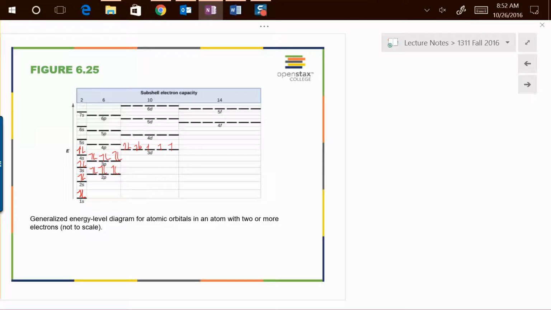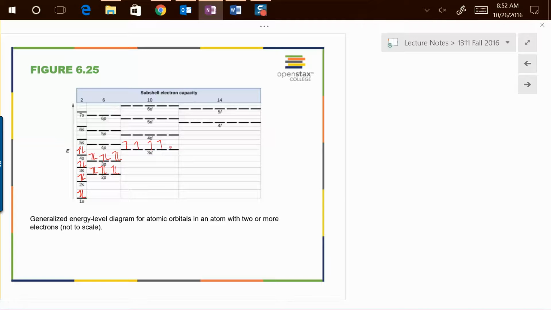And these Ds, we're going to talk about something that chromium and copper do. Okay? So let's look at the electron configuration here for chromium. This is chromium.